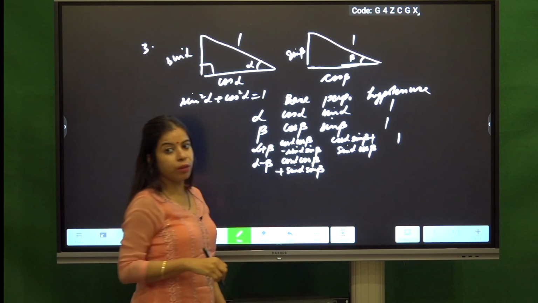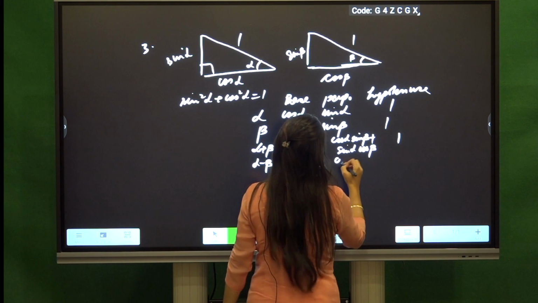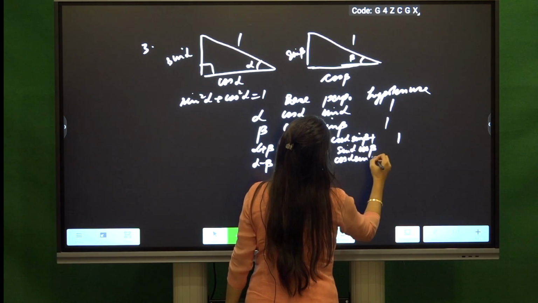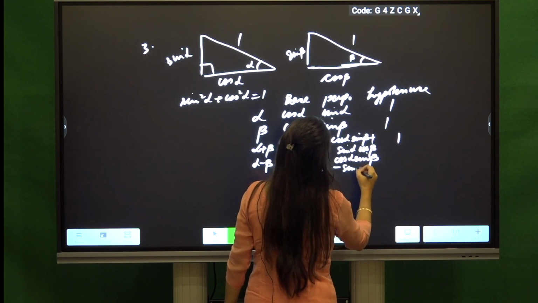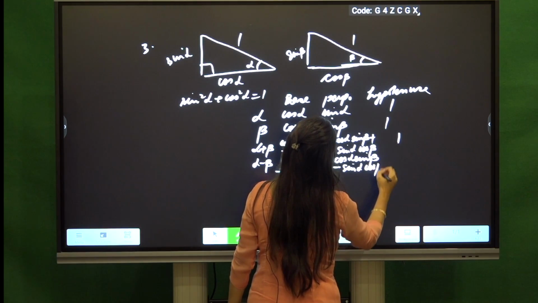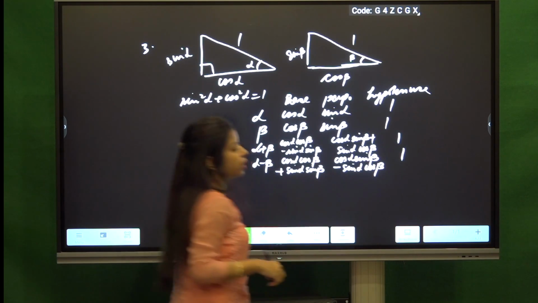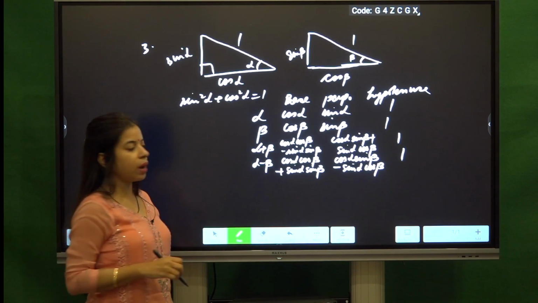For perpendicular we have cos alpha sin beta minus sin alpha cos beta. And for hypotenuse we just have to take the product of the given two hypotenuse.